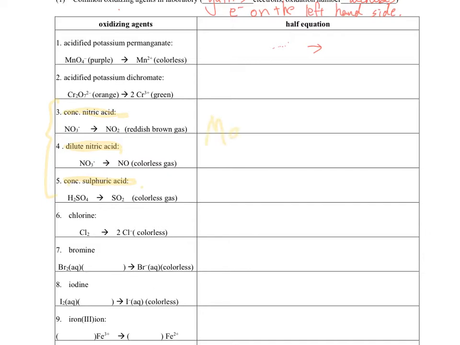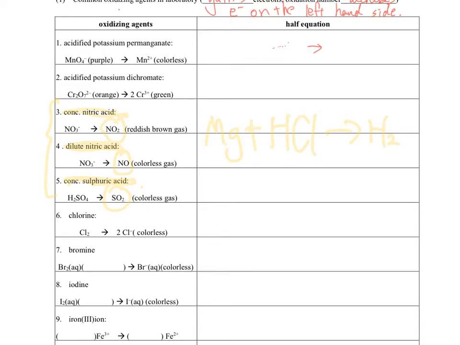Like when magnesium reacts with hydrochloric acid, it will give out hydrogen gas, right? This is what we have learned in Form 4. Unlike these three, when they react with metal, they will not give hydrogen. Instead, this one will give NO2, this one will give nitrogen monoxide, and this one will give sulfur dioxide.